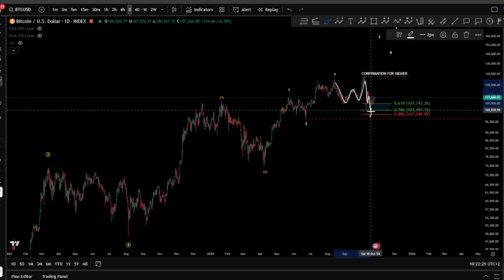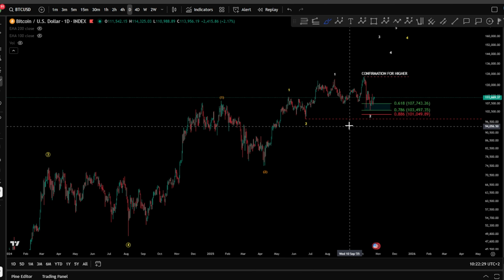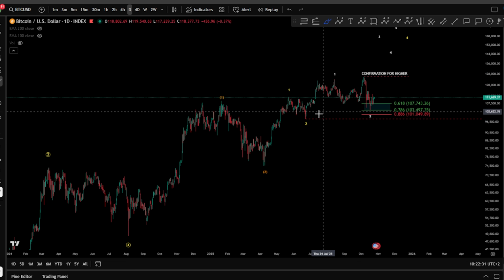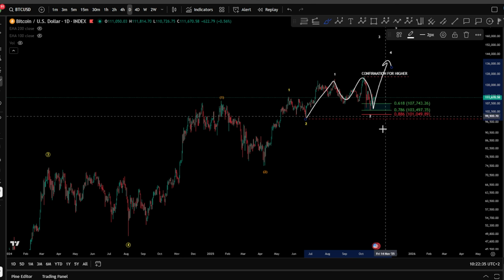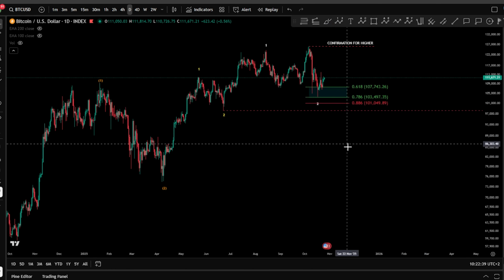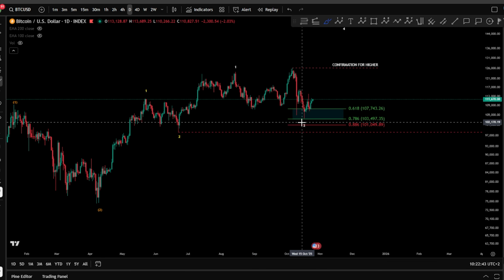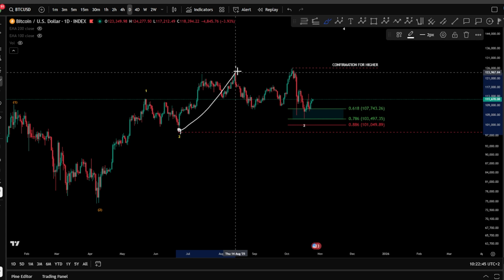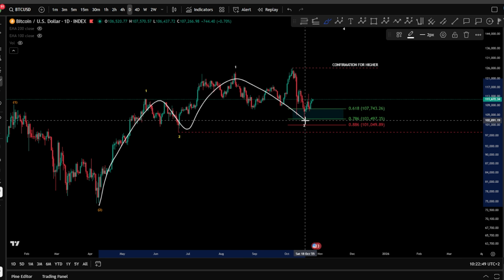You have an A, B, and of course this impulse might be your wave C as an expanding flat in a wave 1, ABC wave 2, and then you might move toward the upside here, especially since the price has rejected the 0.786, which is the most common target for wave 2 based on this wave 1. And that means this 1, 2 is not yet invalidated.